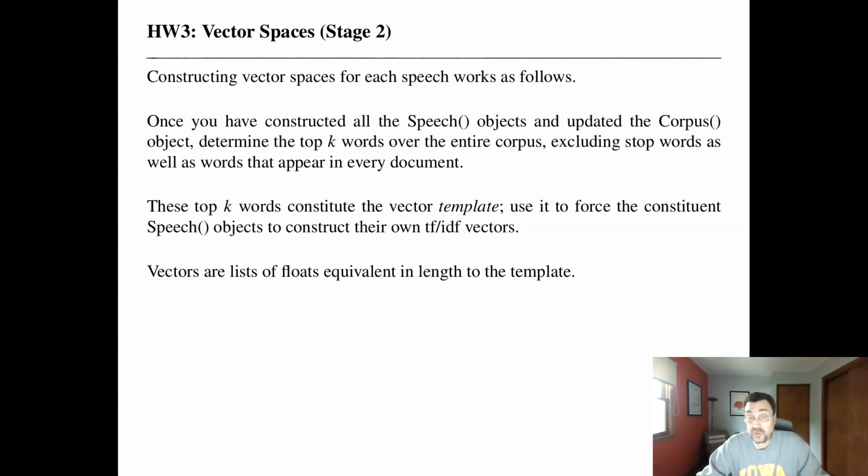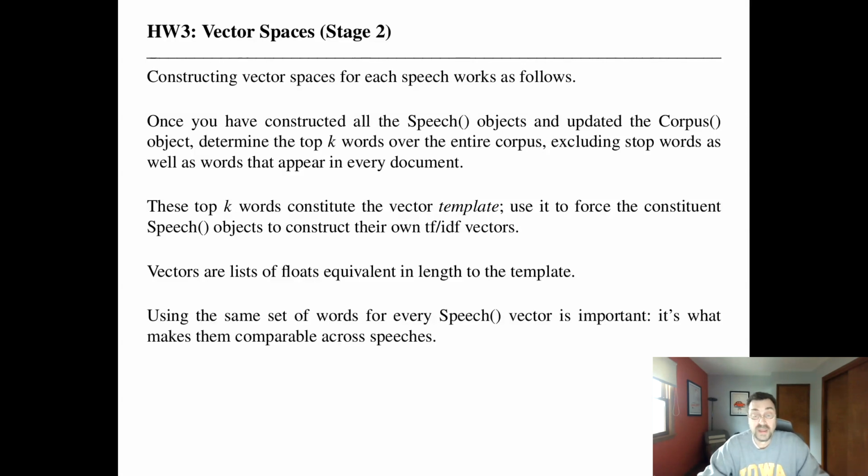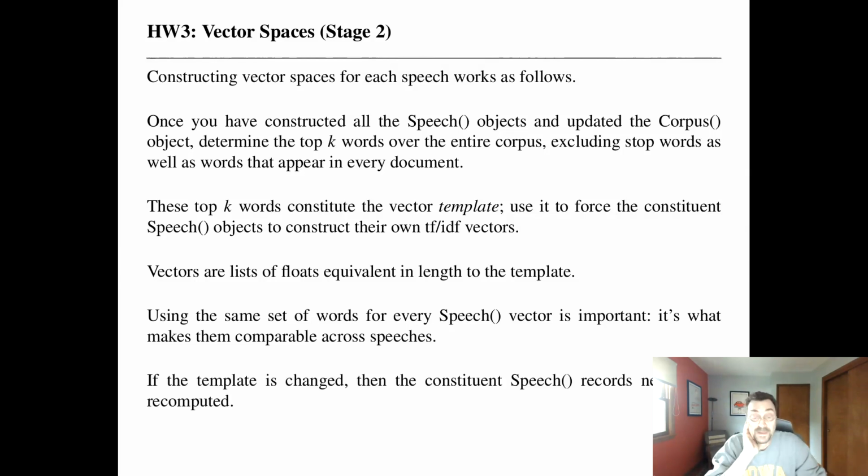Those vectors are lists of floats, equivalent in length to the template, because there's one term frequency inverse document frequency floating point value for every word in the vector template. Every vector for every speech is based on that speech's words, but on the same words in the template. So they're all comparable, and that's important because they have to be compared across speeches.